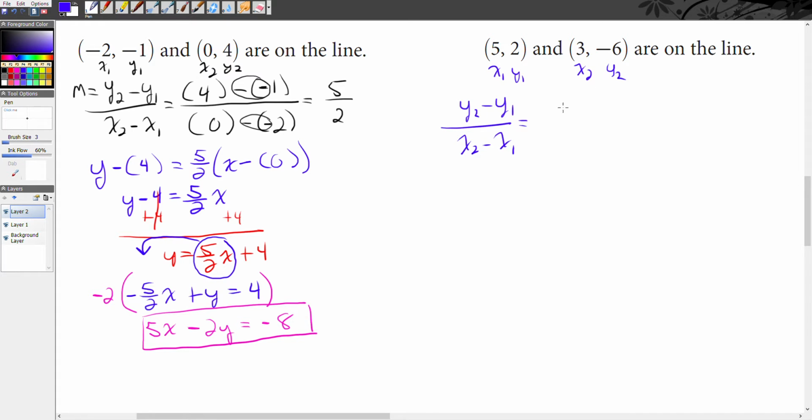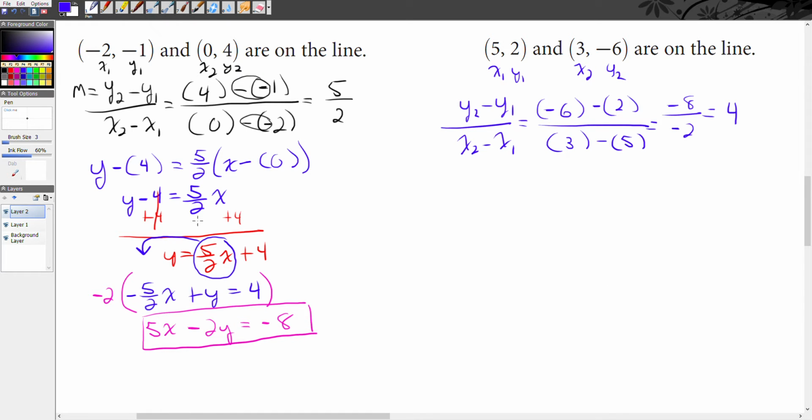And we get here, parentheses, negative 6 minus 2 over 3 minus 5. So negative 6 minus 2 is negative 8, and 3 minus 5 is negative 2, and negative 8 over negative 2 is positive 4. So that's our slope.